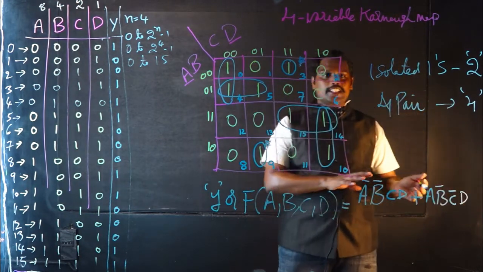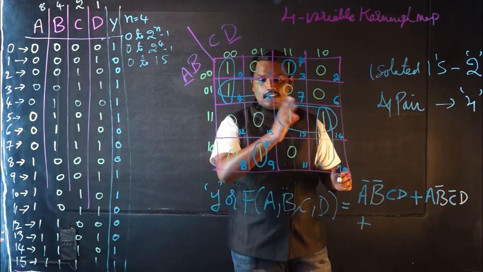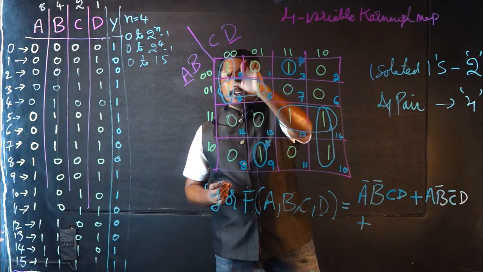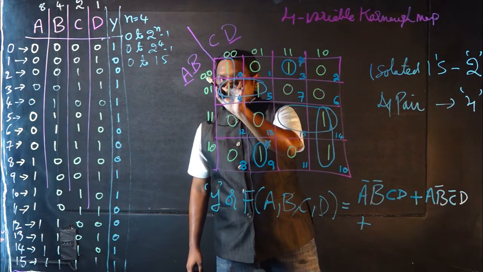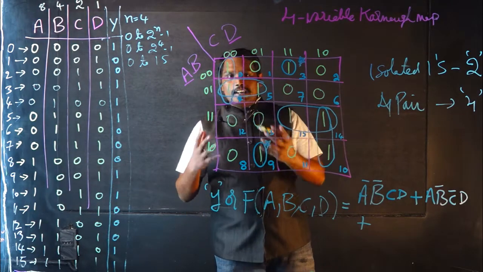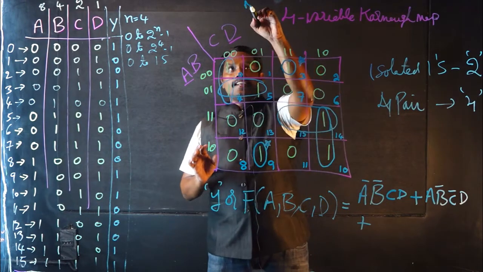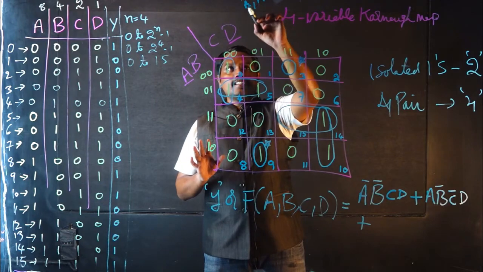So this is for the next isolated one, and then when you take care of the pairs of ones, you check the first pair. For this pair of ones, the common literal, which may be a complemented or uncomplemented variable, like A bar. A is a variable and literals are A and A bar.